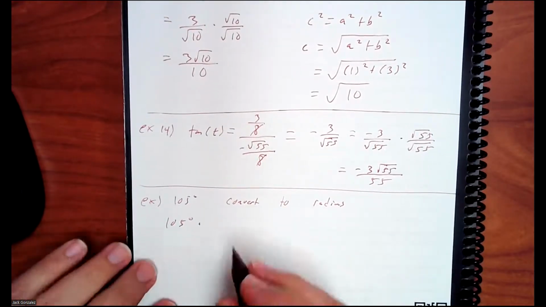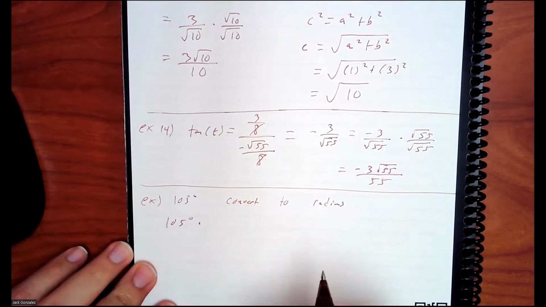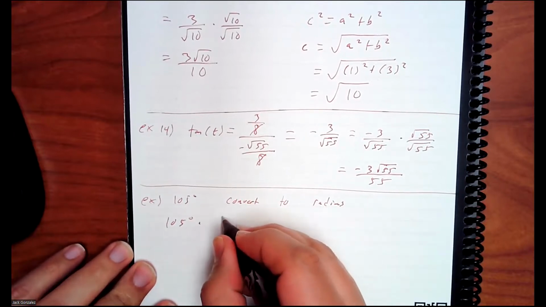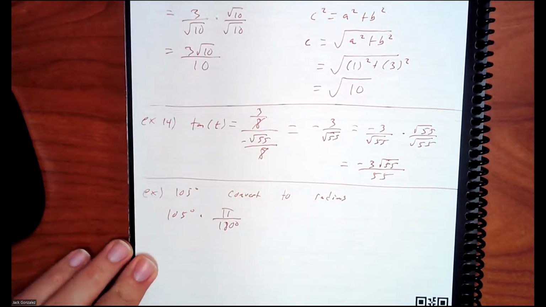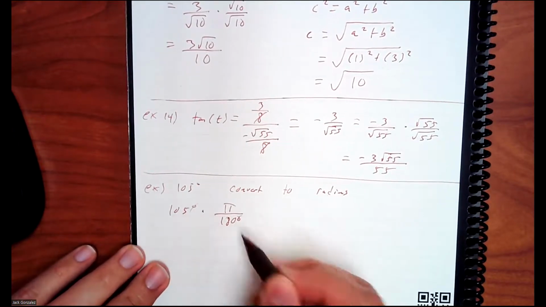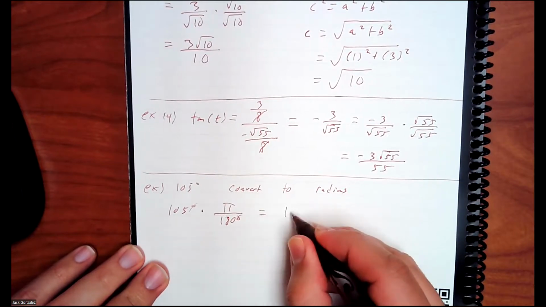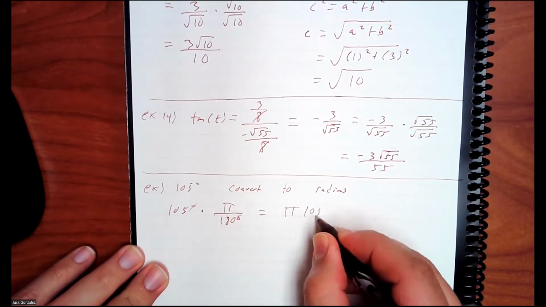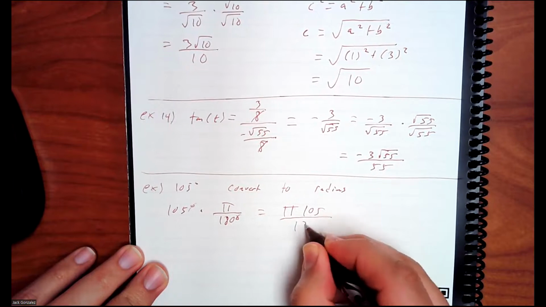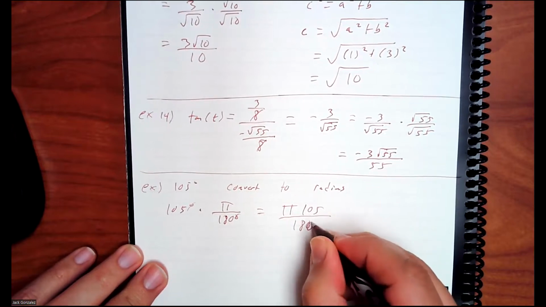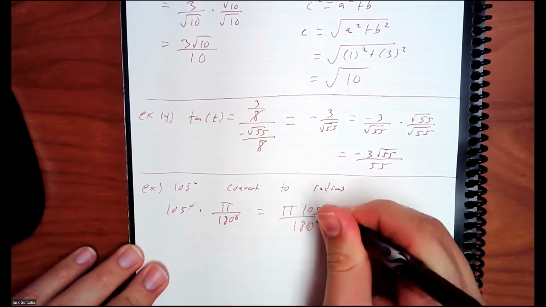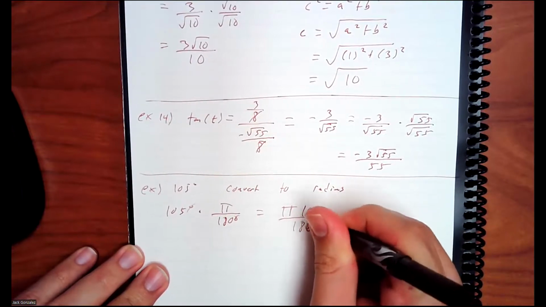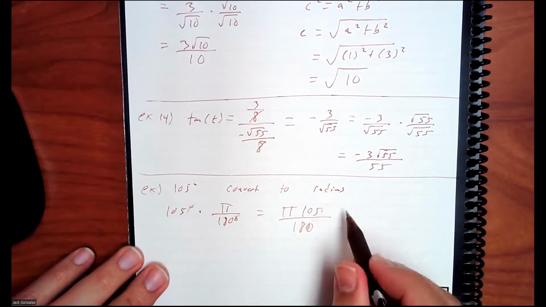Okay, so 105. If I need to convert to radians, you have to multiply by pi over 180. So you just simplify this. Degrees cancel, you get pi times 105 over 180. These are both divisible by, actually there's no more degrees, my bad. These will reduce.